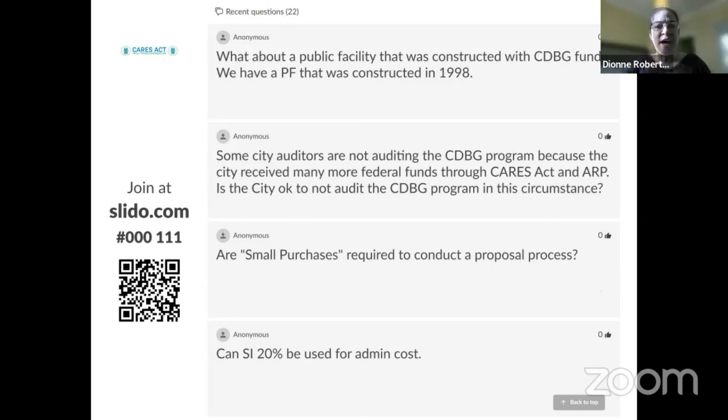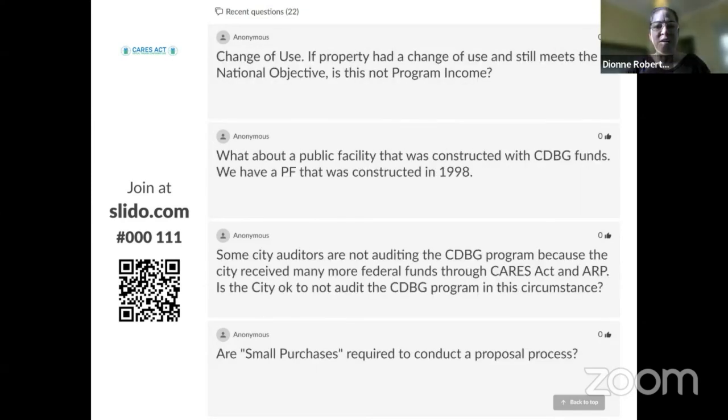Yeah, I think Michelle had actually read the question that was immediately below that. What about a public facility that was constructed with CDBG funds? We can go back up to that one, Bill. If a property had a change of use and still meets the national objectives, is this not program income?